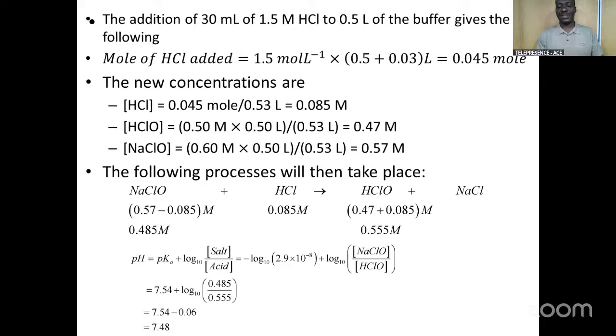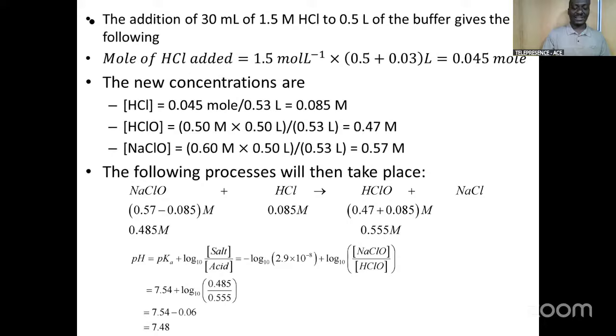You could see from the illustration I gave on Wednesday that the addition of a small amount of sodium hypochlorite to the buffer solution changes the pH of the buffer by just 0.03. So a buffer solution is one that resists change in its pH when a small amount of an acid or a base is added to it.